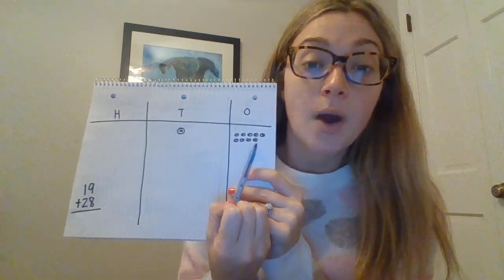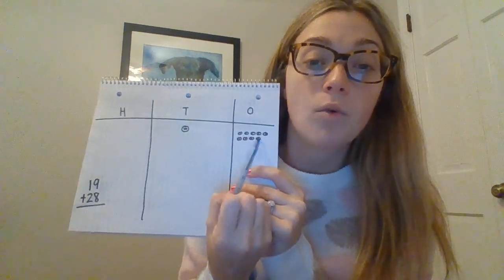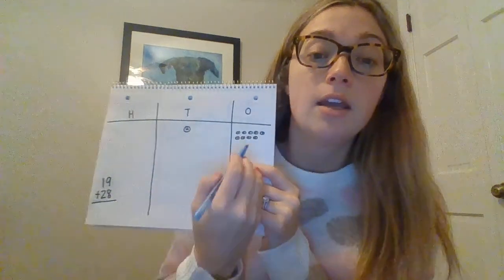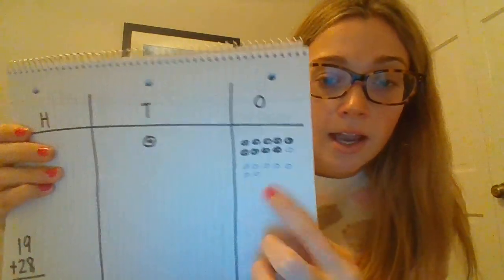I'm going to automatically put my first one from my 8 ones in 28 to finish the 10. So I'm going to quickly add my 8 ones. 1, 2, 3, 4, 5, 6, 7, 8. And when you see mine, you'll see, once again, I put them in rows of 5 for easy counting.